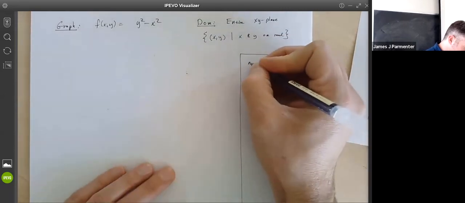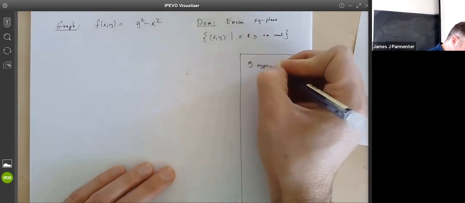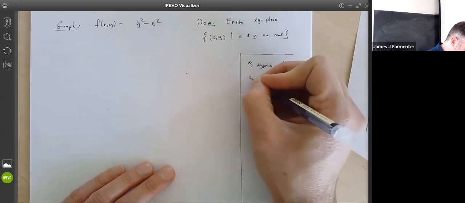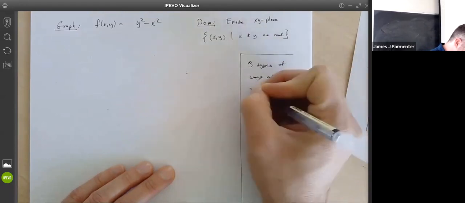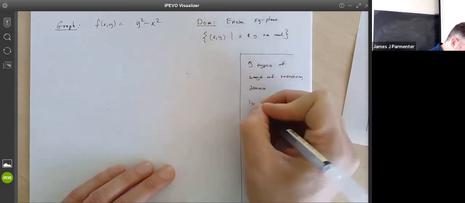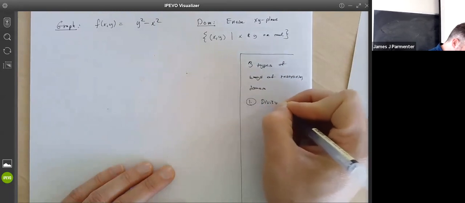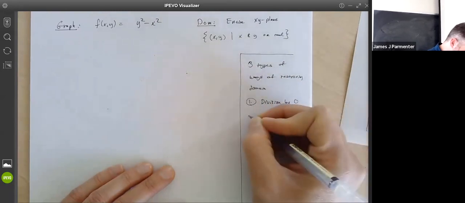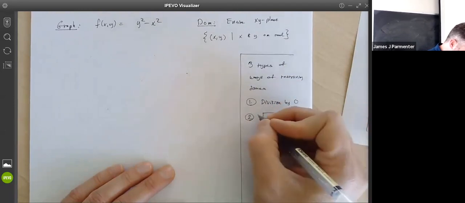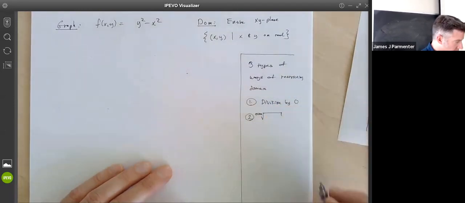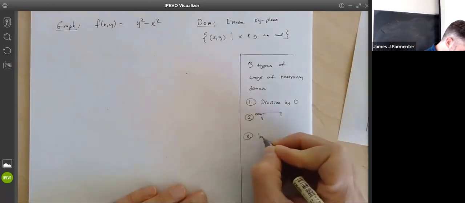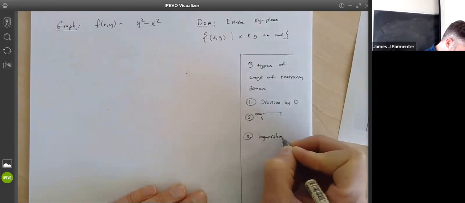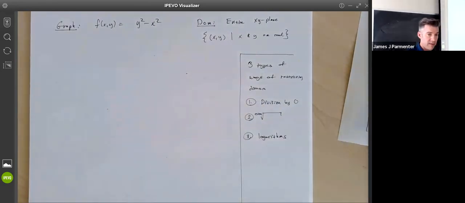So the three ways of restricting domain are: one, possible division by zero; two, square roots, or really I should say even roots, because when you have an even root, you can't take the even root of a negative number, so the insides have to be non-negative; and three, logarithms, because similar to a square root, you can't take a logarithm of a negative number or zero.